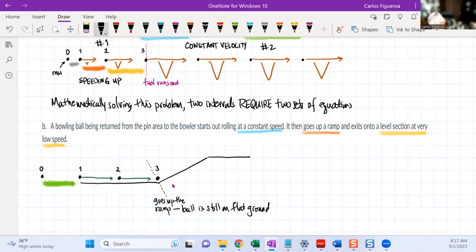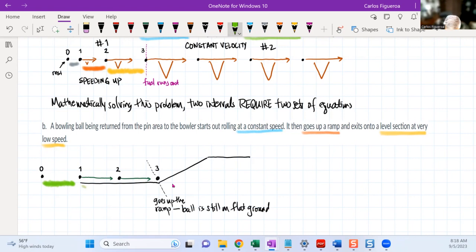So the question that I have: what is the speed at point 3? Is it going the same speed? Is it slowing down? We know that it surely can't be speeding up if it's going to go up the ramp. And how do I answer that question? Look at the interval.